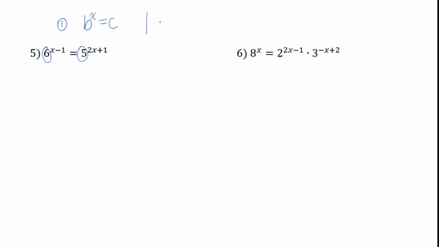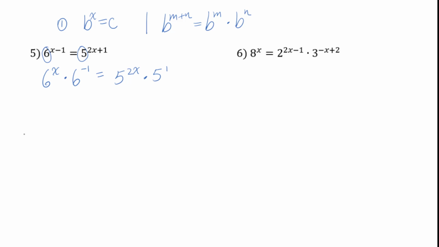You have to use this formula: b to the m plus n power equals b to the m power times b to the n power. So for 6 to the x minus 1 power, we will do 6 to the x power times 6 to the negative first power equals 5 to the 2x power times 5 to the first power.